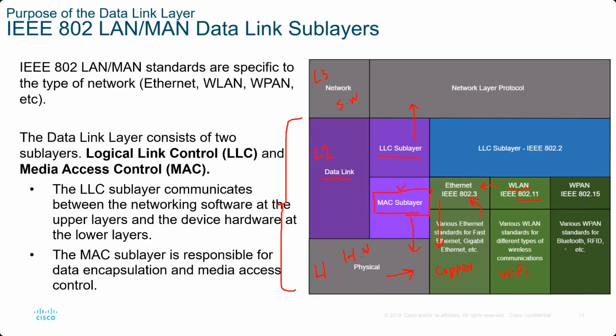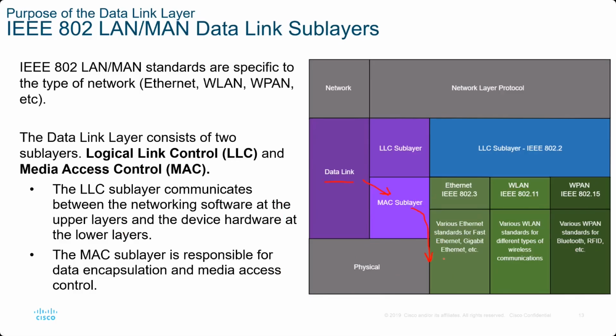Similarly, if you are using Bluetooth or RFID, then you would be using the IEEE 802.15 protocol at the MAC sublayer. So the gist, the thing that you need to understand, is that at the data link layer we have a MAC sublayer where we have multiple protocols that support different physical standards.